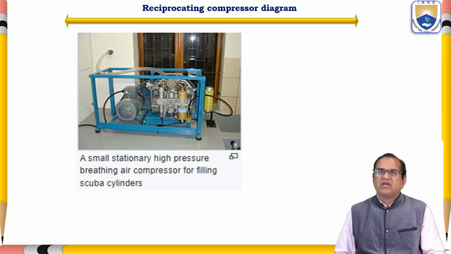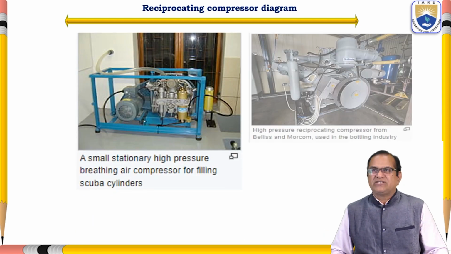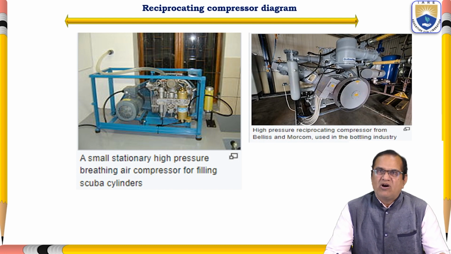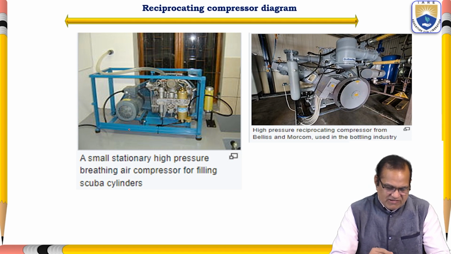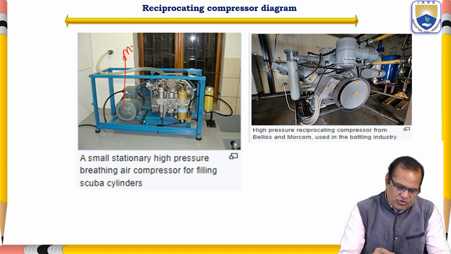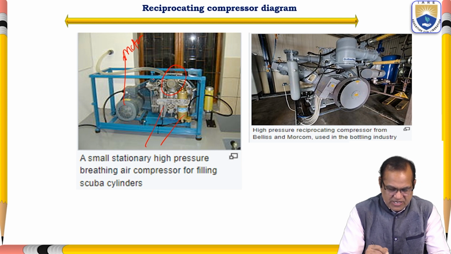So you can see in this diagram a small stationary high pressure breathing air compressor for filling scuba cylinders. So a small reciprocating compressor is here. This is the motor, and these are the filters and other things, and here the reciprocating pumps are making up the system and compressing. Here we have the dryer and other things.